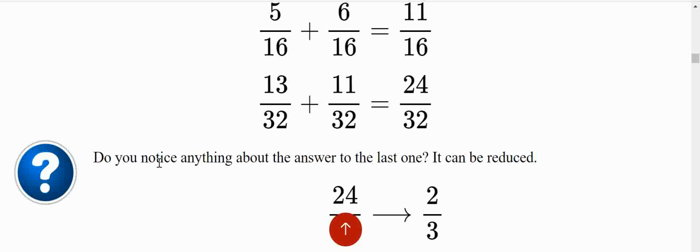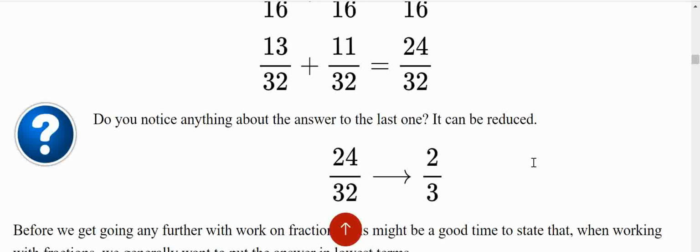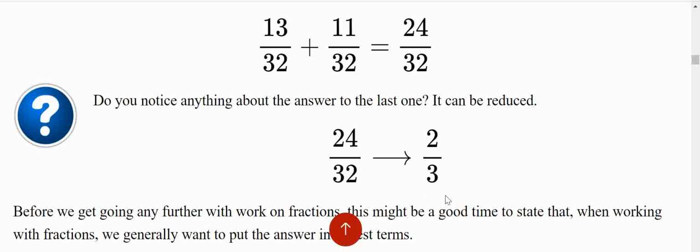Do you notice anything about the answer to the last one? It can be reduced, and it reduces to 3/4.